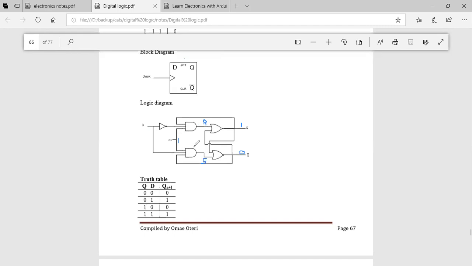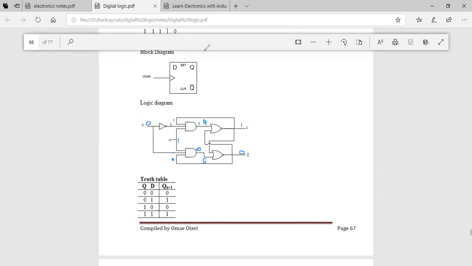We have Q is 1, so it feeds back. You have a 1 there, and you have a 0 here. D is 0, so you put a 0 here. What do you expect here? 1, that's correct. Then this remains 0, so 1 and 1 and 1, 1. 1 and 0 and 0, 0. R is 1, S is 0. Reset, and that's what you are seeing down here.